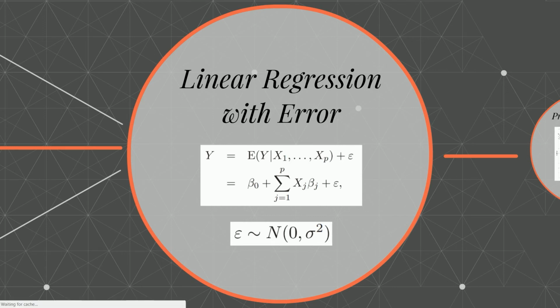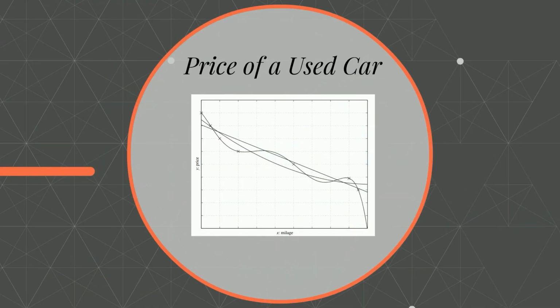So moving on, we are going to go back to our example where we looked at predicting the price of a used car. So in this graph, we have price and mileage, and we have several data points denoted by the x's, and they have been fit using a first order linear model, a second order linear model, and a sixth order linear model. So these are all polynomial fittings of different degrees. When the order of the polynomial is increased, the error on the training data decreases.